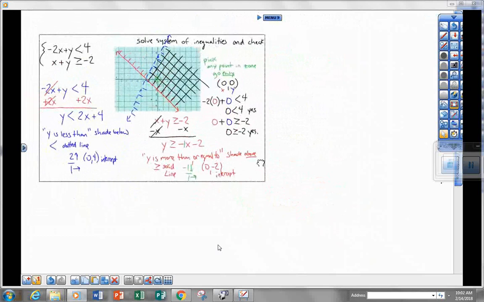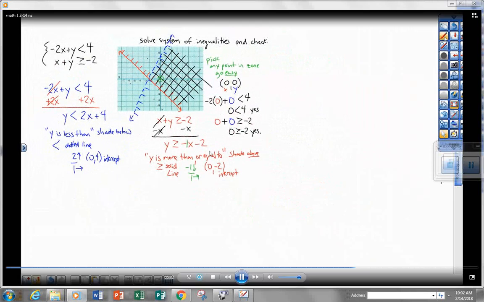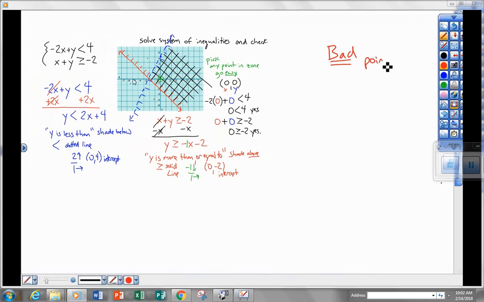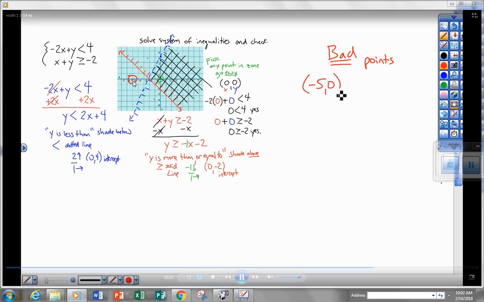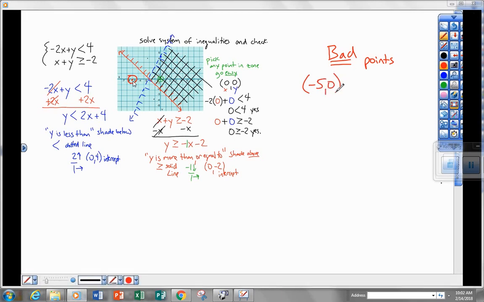So picking a point in the bad zone, I'm going to pick a point over here where none of them shade. That should fail for both inequalities. Then I'm going to try to pick one on the dotted line and show you what happens there. So if I pick this point right here, -5, 0, that is in neither shaded zone. So x is -5, y is 0.